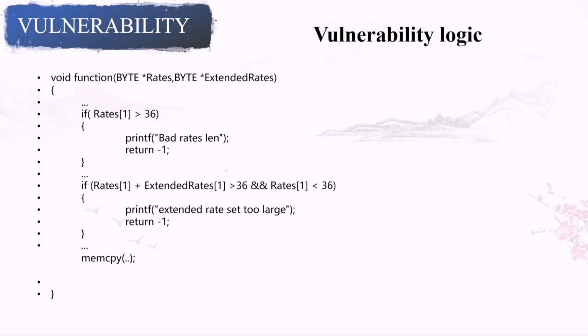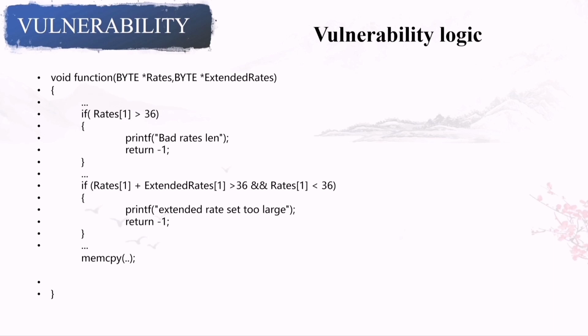Pseudocode is used here to show the logic of this vulnerability. This function parses the supported rates IE and extended supported rates IE, and then copies all supported rates to the global variable. We can see the length check can be bypassed. The first if statement determines whether the length of the supported rates IE exists 36.